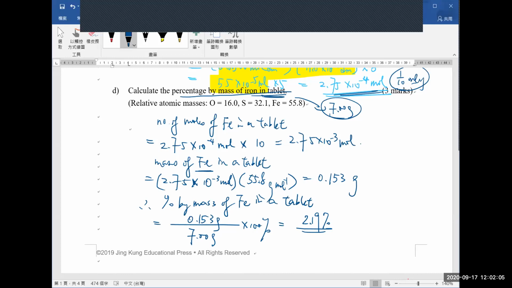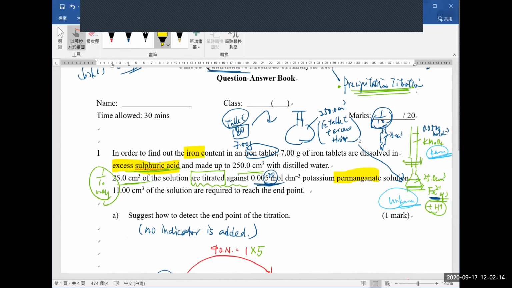So the tricky point is the times 10 here. Do you know why? Because in the titration, we usually want to do the experiment shortly, okay? And at the same time, I don't want to spend too much chemical. And at the same time, we look for the consistency of data. I need at least 3 titration data, right? So that's why if you have got a tablet, we have to prepare a large bulk of solution.